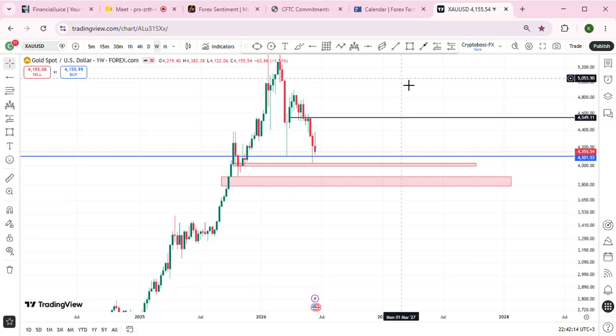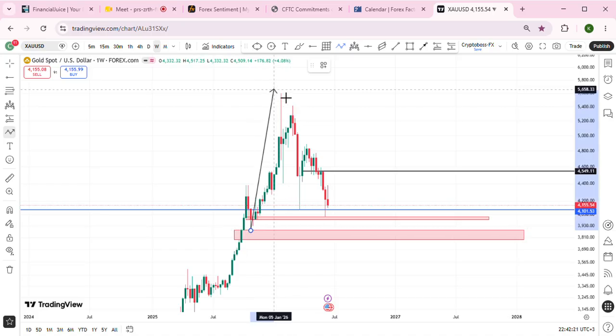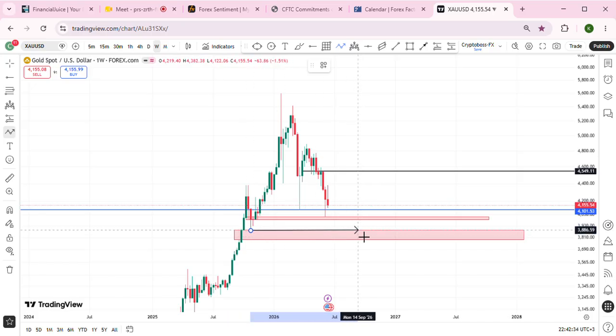Because now when you look on gold, you can see this low is the one which gave us this high. I believe this market is going to come and take out this low around this level, because this is the liquidity resting here.